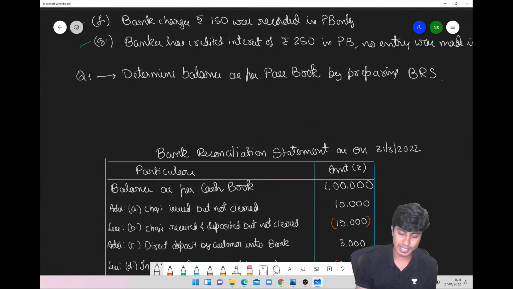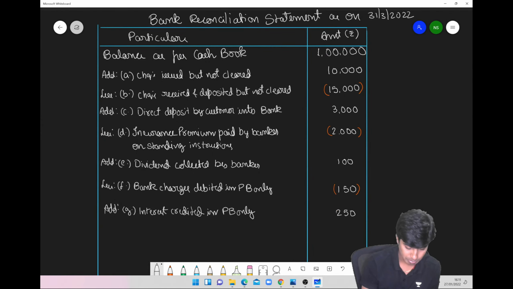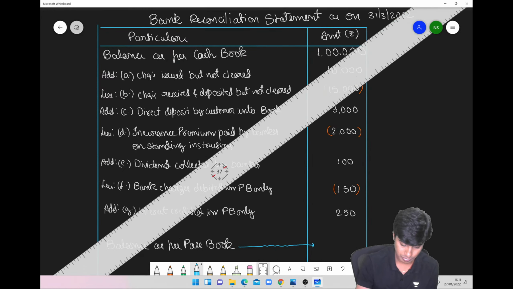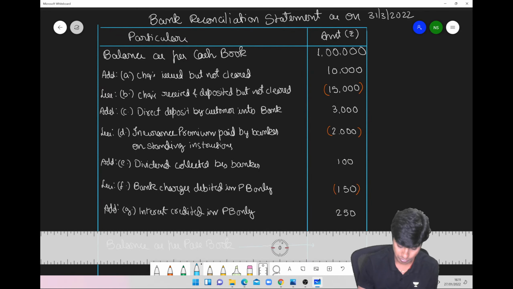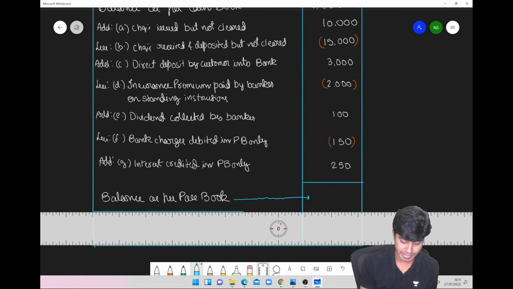Let's quickly take a simple calculator, use simple calculations to find balance as per passbook. Whatever we do, we need to do it very neatly, cleanly.